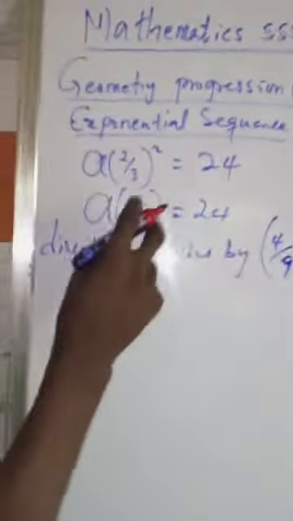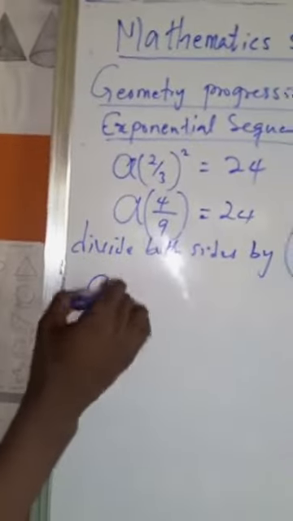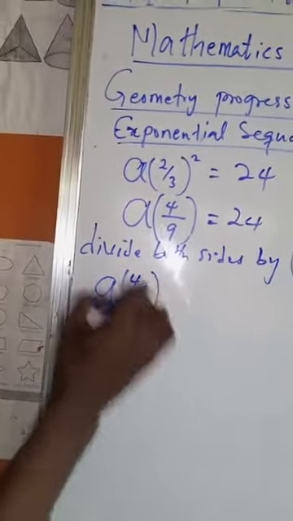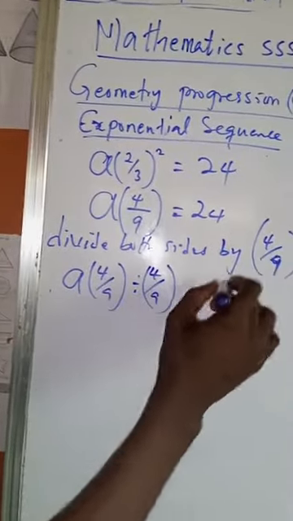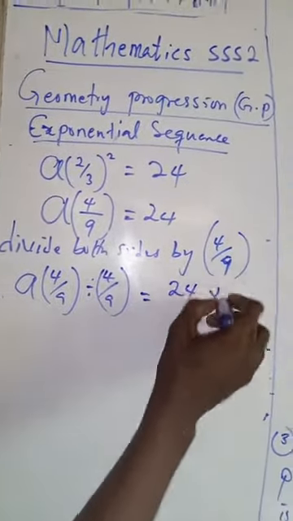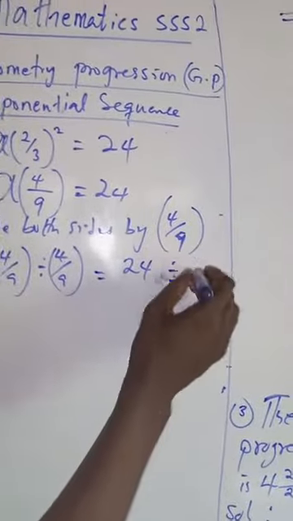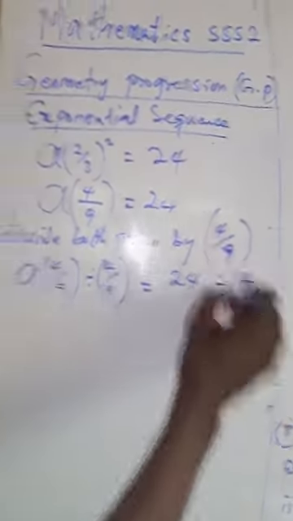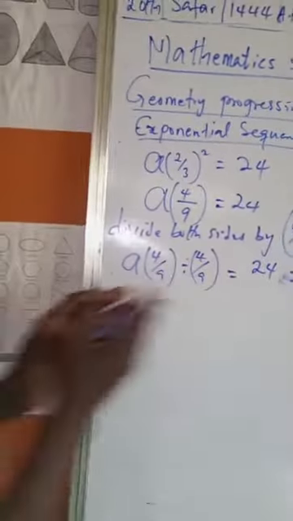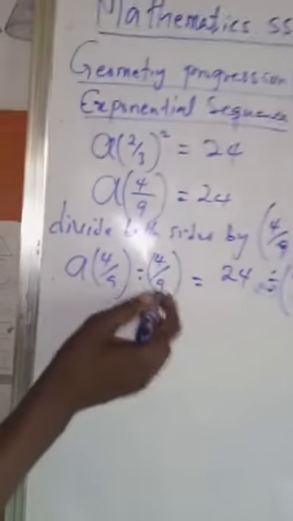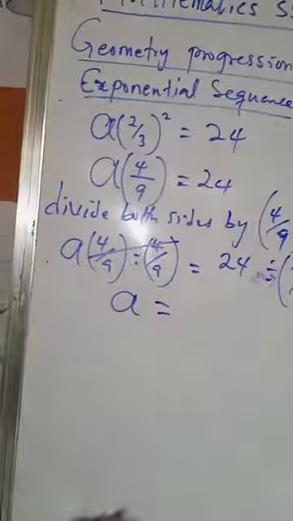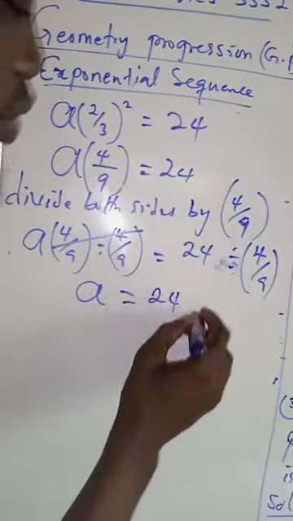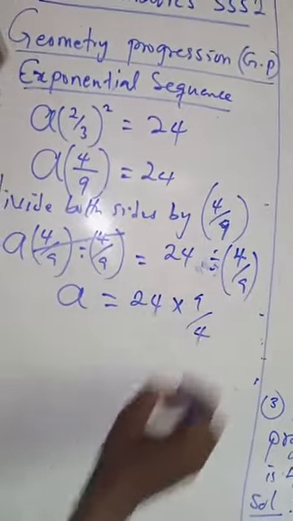So a times 4 over 9 divided by 4 over 9 equals 24 divided by 4 over 9. If I reciprocate it, this will cancel out. So my a will now be equal to 24 multiplied by 9 over 4.